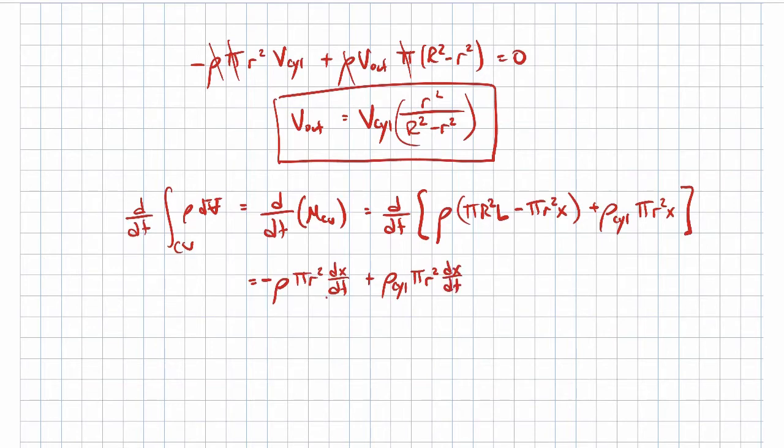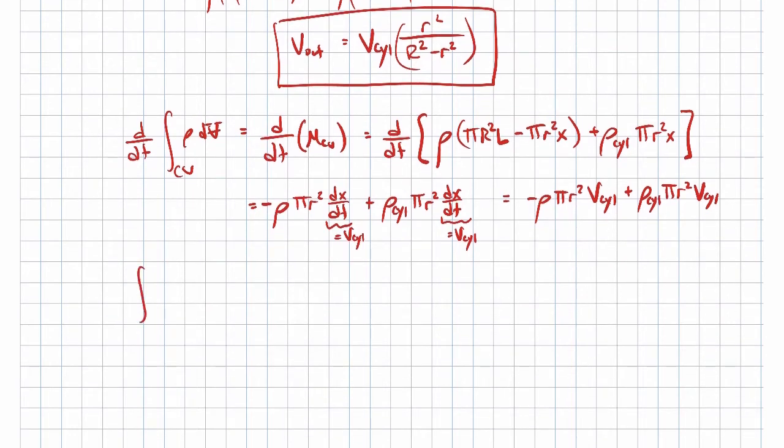And we already know that dx/dt is just the velocity of the cylinder. We figured that out from before. So this will be minus rho pi r squared v cylinder plus rho cylinder pi r squared v cylinder. Okay, so that's what we have now for the time rate of change of mass inside our control volume.